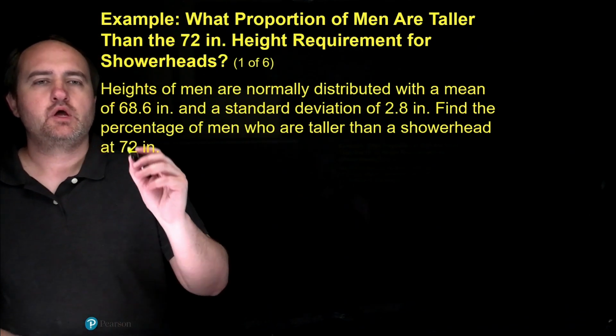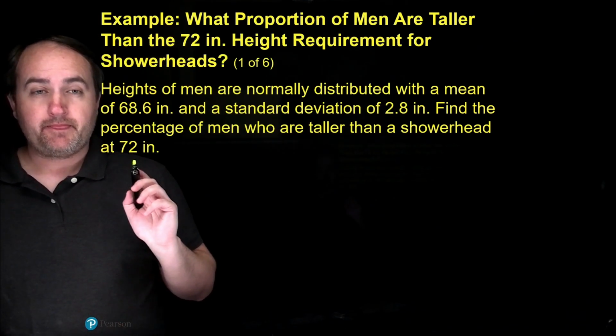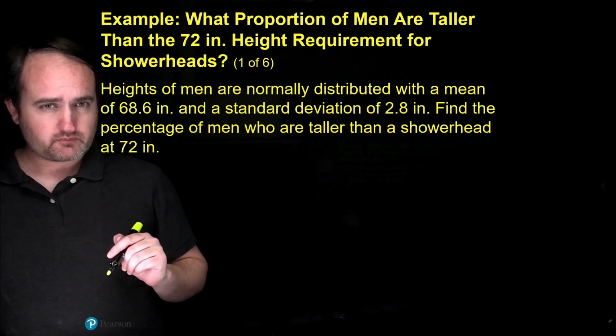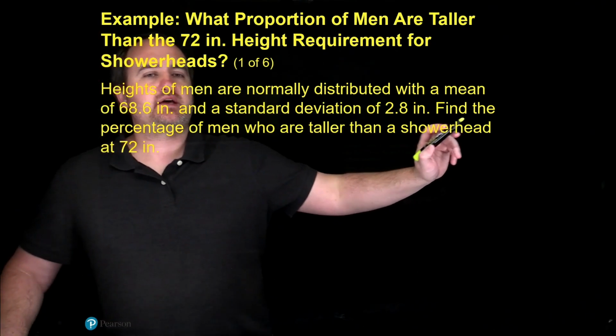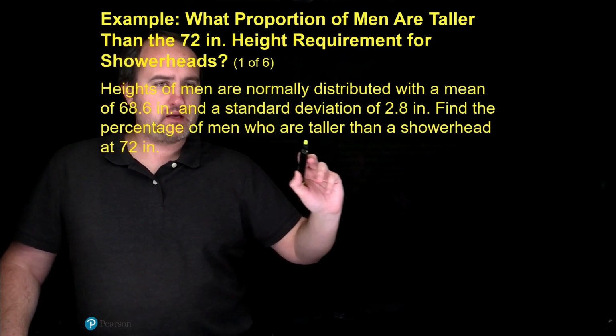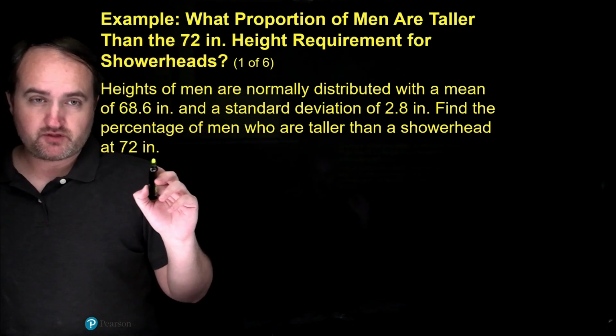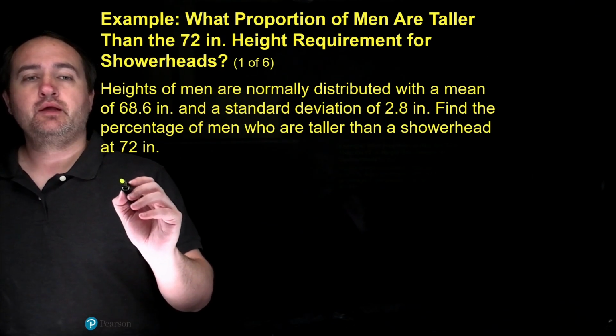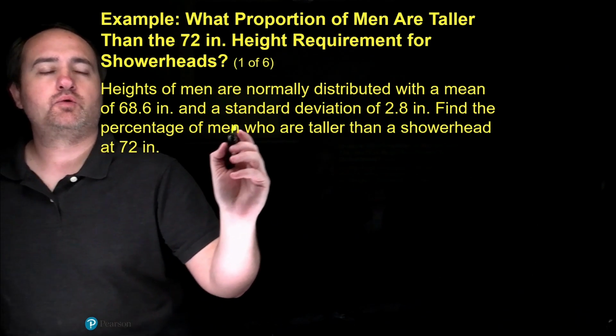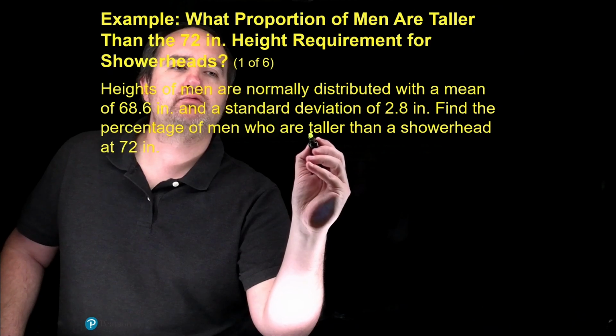First of all, let's identify x, mu, and sigma. Because they're asking us to find the percentage of men who are taller than a shower head at 72 inches, taller is the same as greater than.